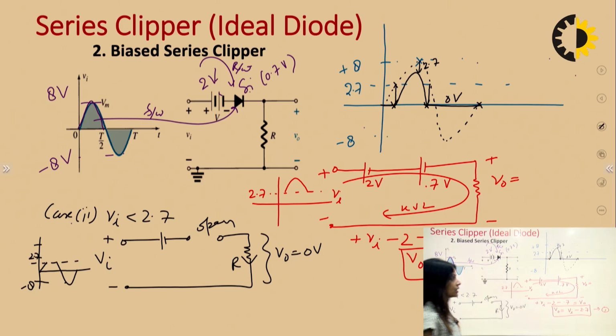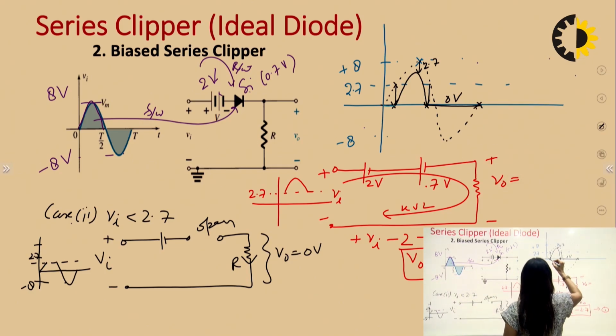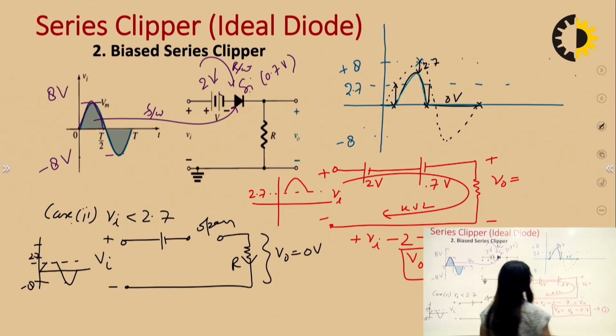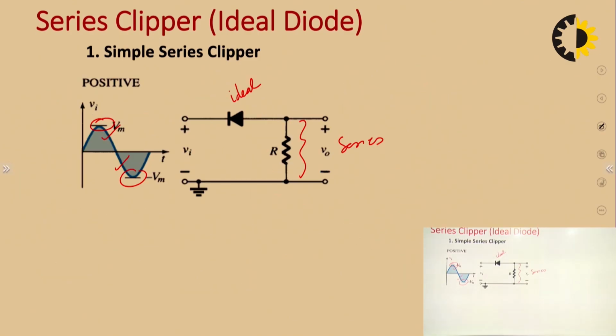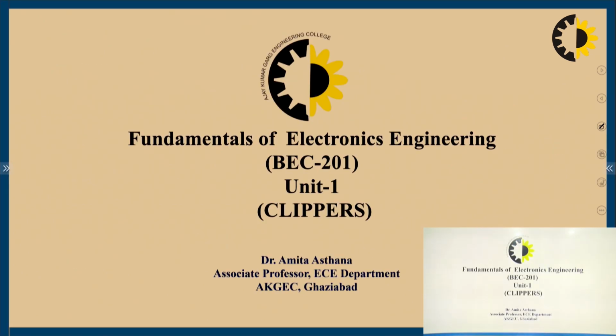So the final answer is this particular waveform. So you have to make the cases, then solve the question, apply KVL and draw the waveform. Similarly, we can have a series clipper, or already we have done.